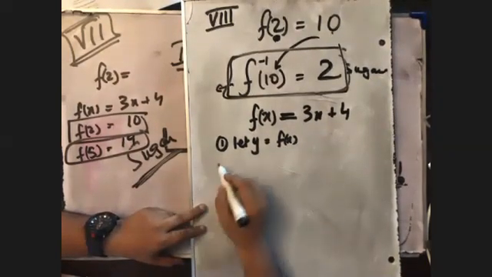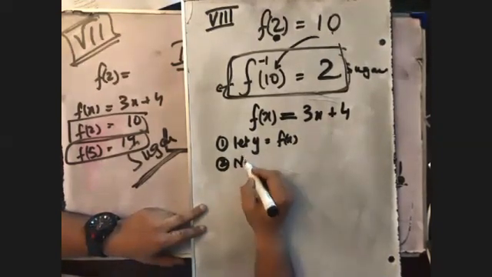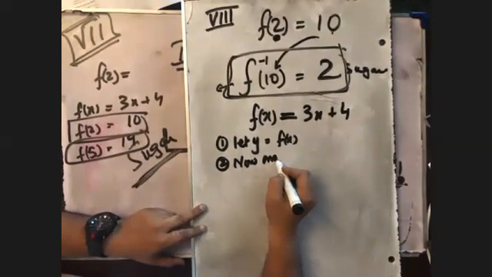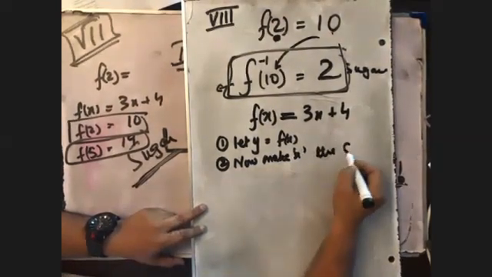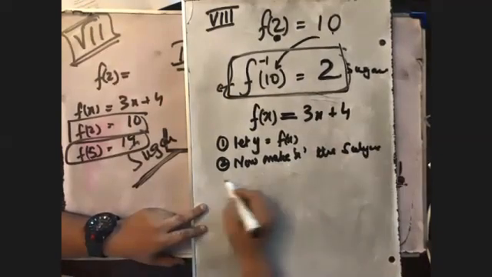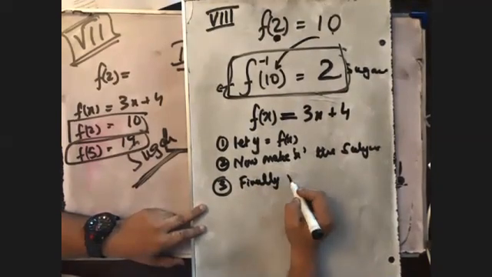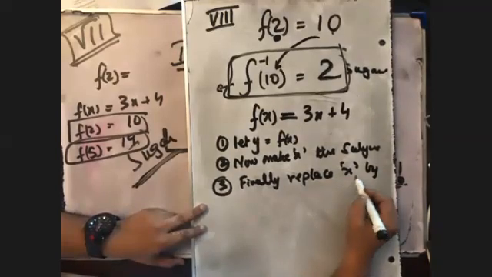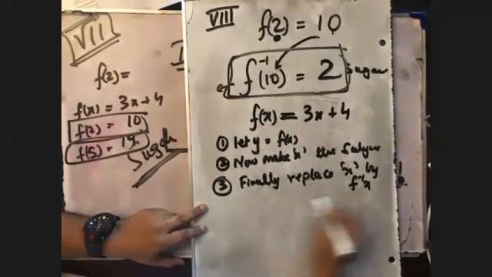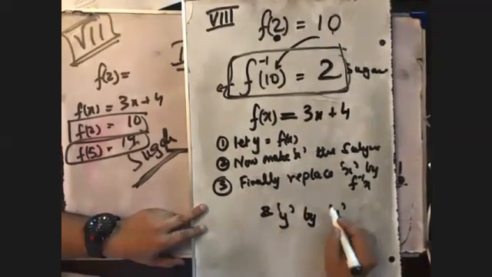Step number 2 says now make x the subject. And step number 3 says finally replace x by f inverse of x and y by x.